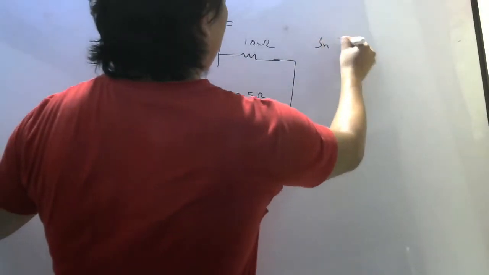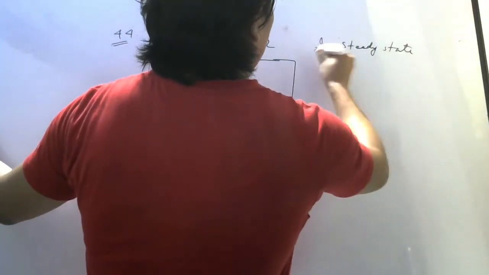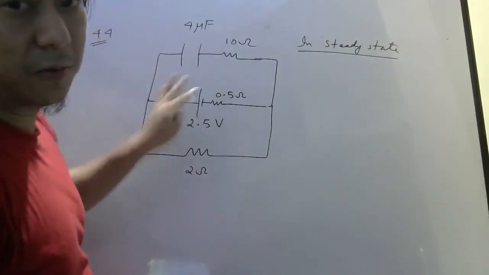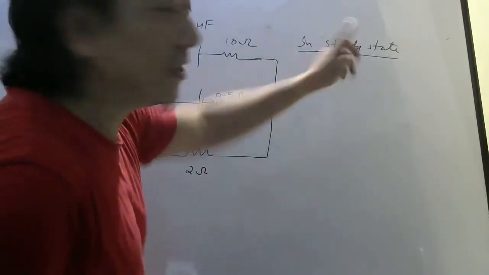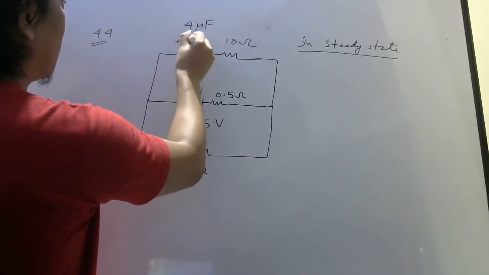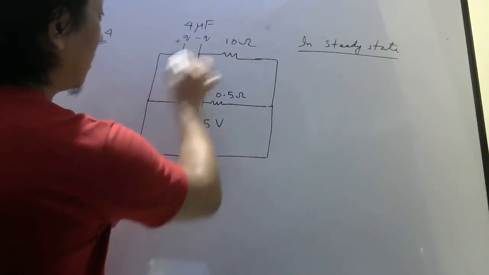So in steady state. Many times I have told, when they give you a capacitor in a circuit with battery and all, and if they say steady state, then it means the capacitor has been fully charged. So plus Q, minus Q, it has been fully charged and there is no current in this branch.